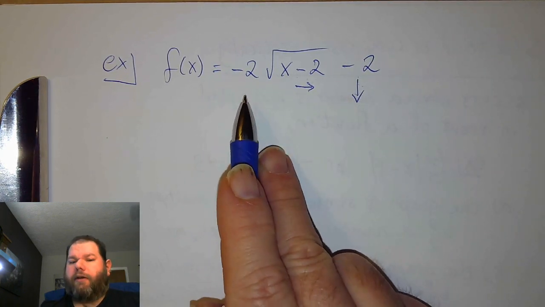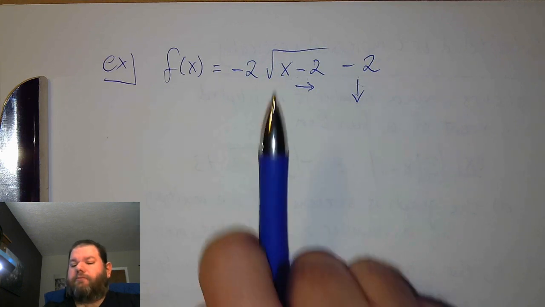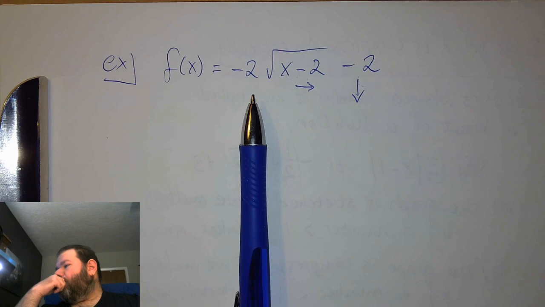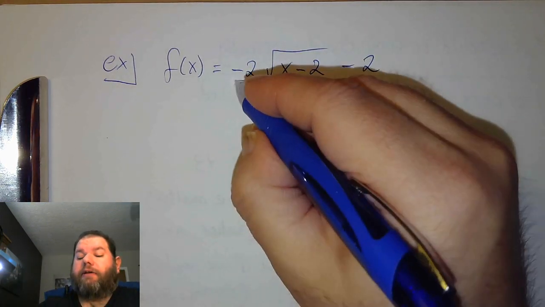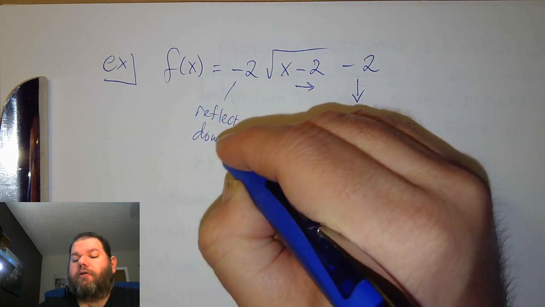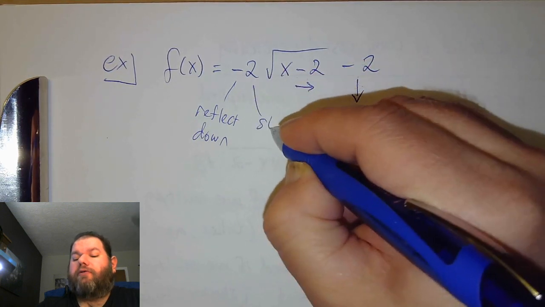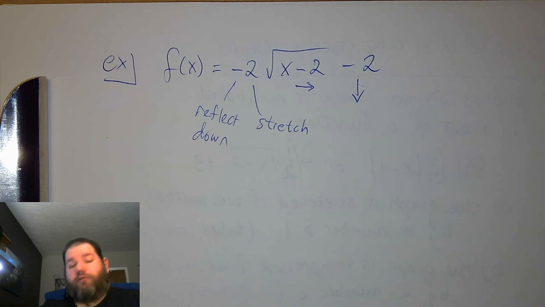Now what does our negative 2 in the front do? Reflect and stretch. Yes. So the negative reflects it down, and then the 2 stretches the graph, which will make it appear more narrow, yes.